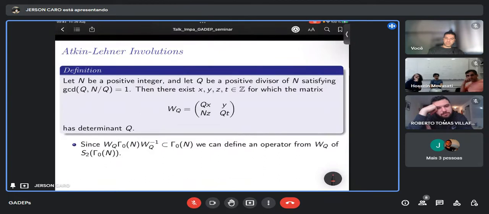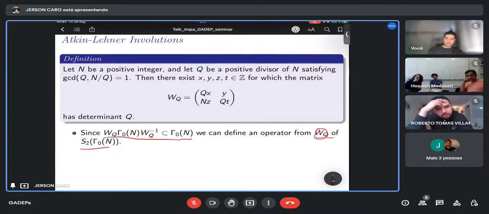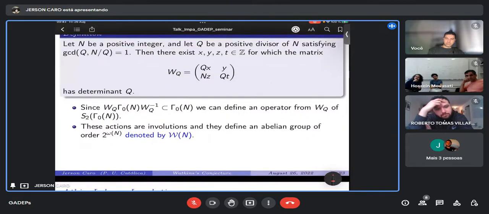Okay, the thing is that this kind of matrices normalize Γ0(N). And due to this normalization, we can define an operator W_Q on S2(Γ0(N)). And the thing is that these actions are involutions.